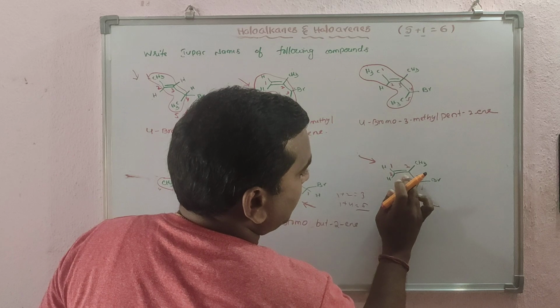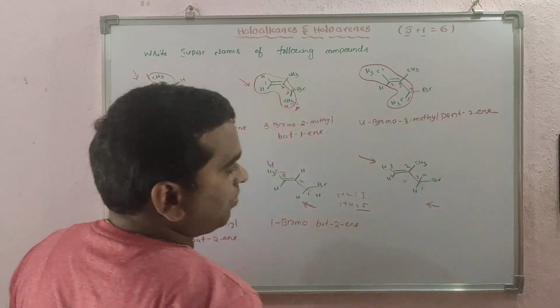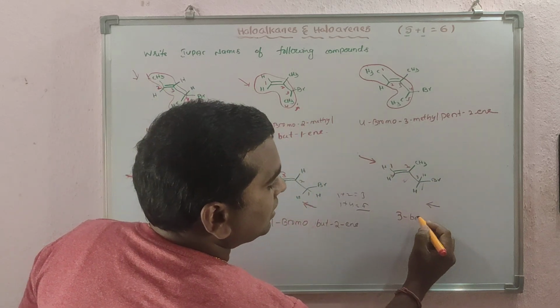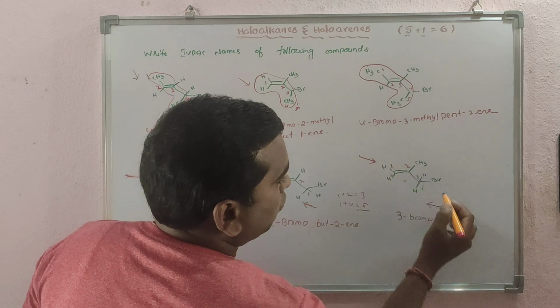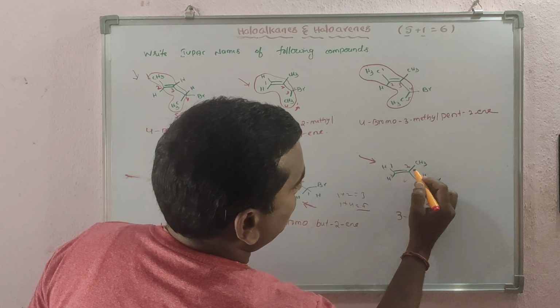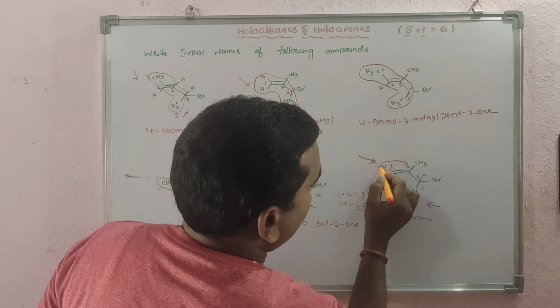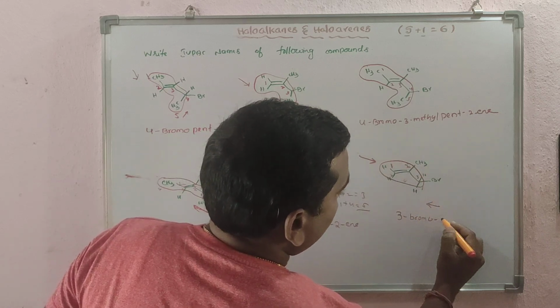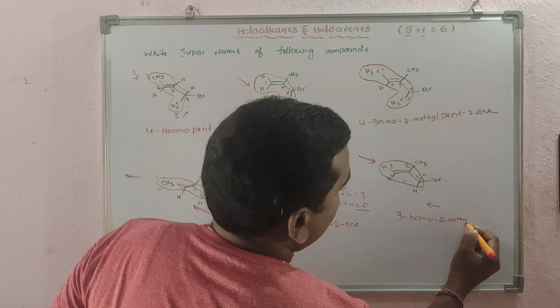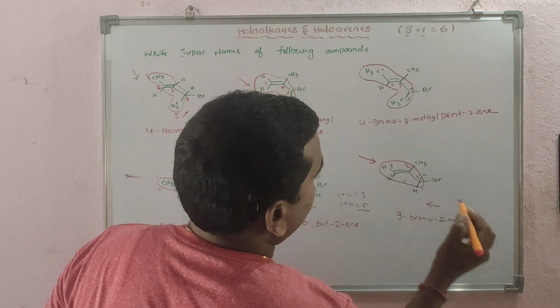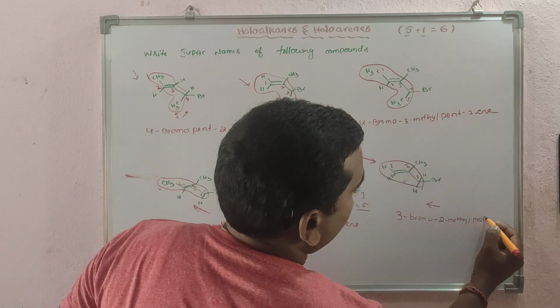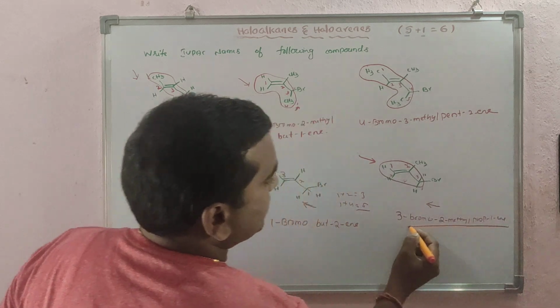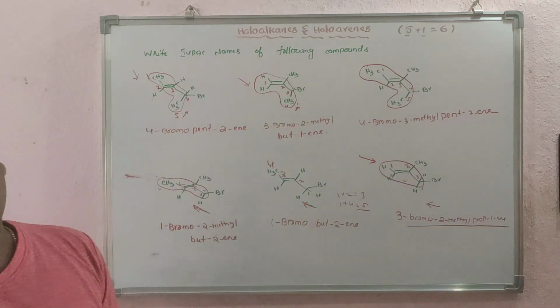So you should not give the numbering from this side; you have to give the numbering from this side. So what will you get here? 3-bromo and here 1, 2, 3, and this is the longest chain, so 3-bromo and 2-methyl, prop-1-ene. These are the IUPAC names. Okay.